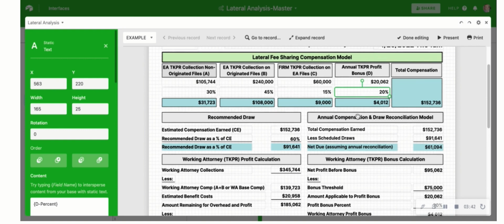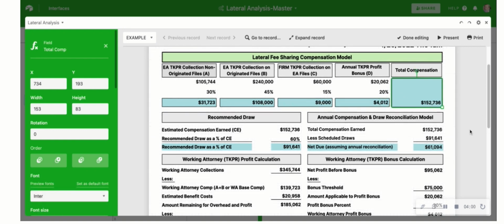And then if the attorney is profitable after a certain bonus threshold, which I'll get into in a second, in this model, we have them getting 20% of what's left over. So after the threshold, it's 20,000 in this case. 20% of that would be about 4,000. And then all of these numbers get added up for the total compensation. And again, if you also want to stipulate a base annual salary, that would also get added into this number.